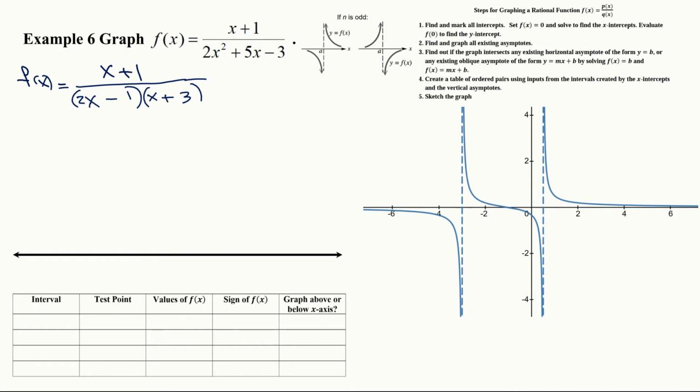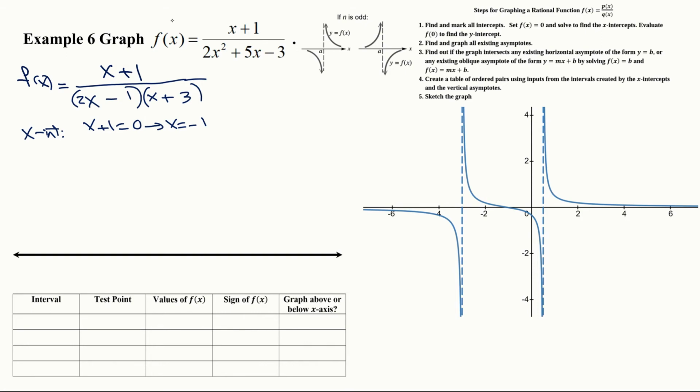All right, so let's go ahead and find our x-intercepts. In this case, remember, a rational function is going to be 0 whenever the numerator is 0 and the denominator is not. So we're just going to set x plus 1 equals 0, which implies x equals negative 1.